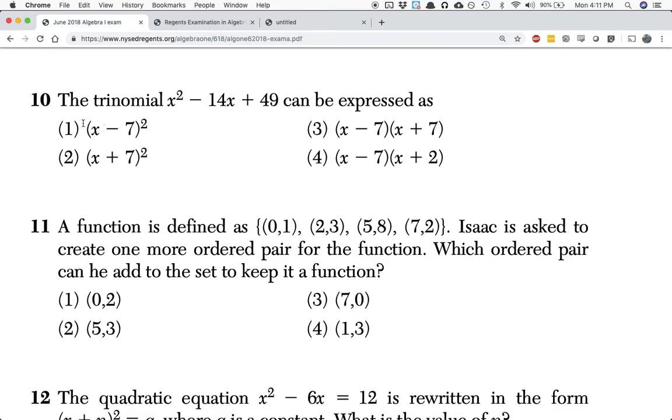One way to do this is just to test out each of your answers with the box method or FOIL and see if they match up with the answer over there. So we can just test that real quick. It's x minus 7 squared. Let's try it.